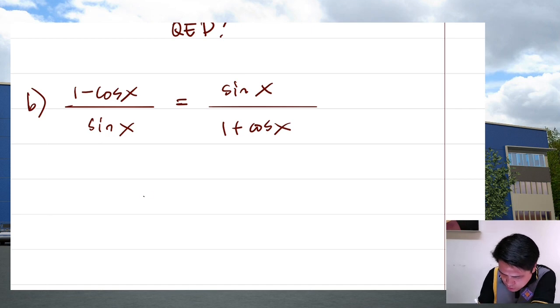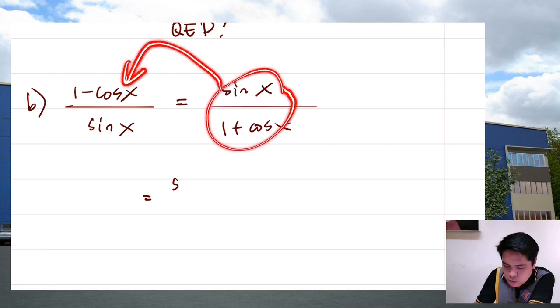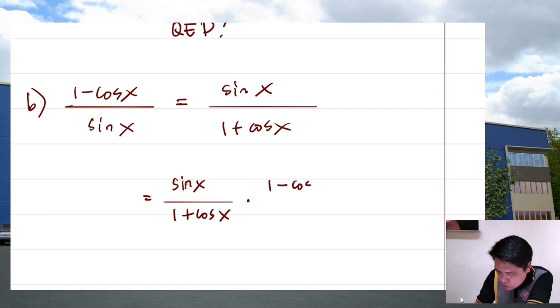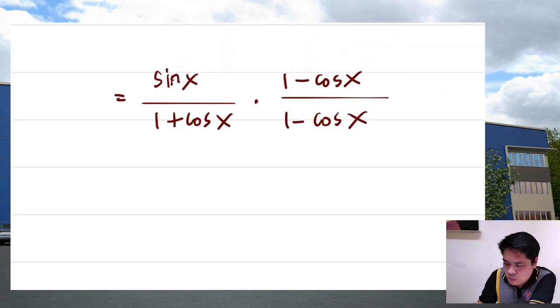I could do that by multiplying it by the conjugate of the denominator. Okay? So, my objective is for this to be transformed to this. So, we have sine x over 1 plus cosine x, multiply that by 1 minus cosine x over 1 minus cosine x. Or essentially, we're just multiplying by 1.